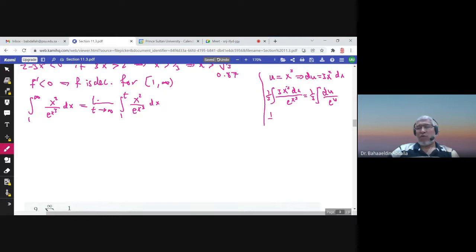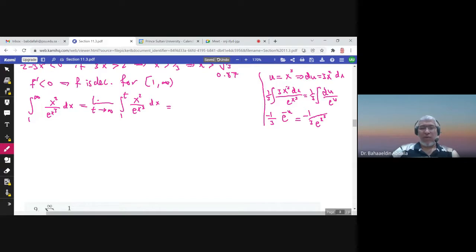So this is 1 over 3, and this is e to the power negative u, and the integral of e to the power negative u is e to the power negative u over minus 1. Or in fact, I could have taken negative x cube as u. It would give you the same. So the answer at the end is negative 1 over 3 e to the power u, and u is x cube. So that's the integral.